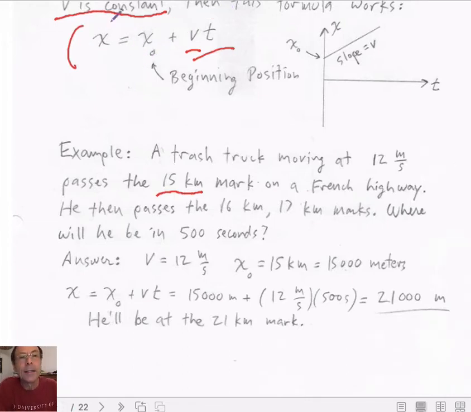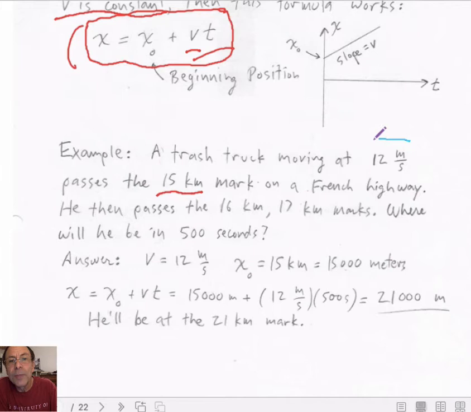Circle this. The v part of it: this 12 meters per second matches up with the v. That's why I wrote down v equals 12 meters per second.